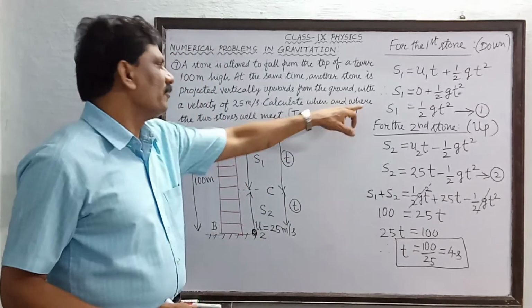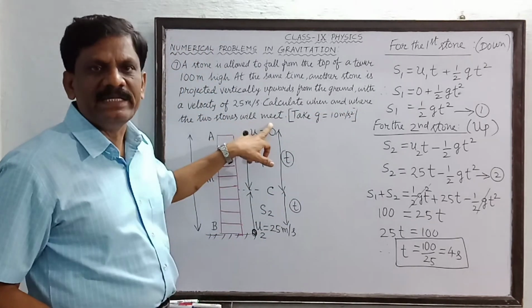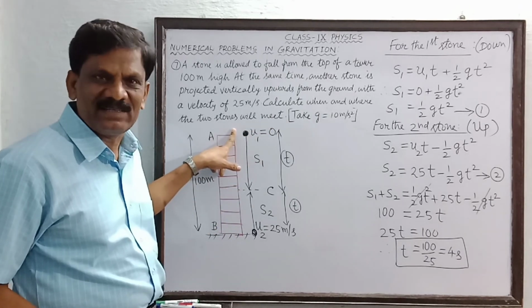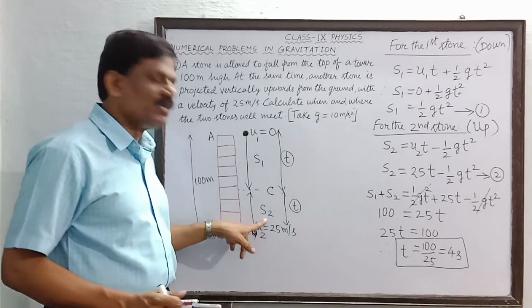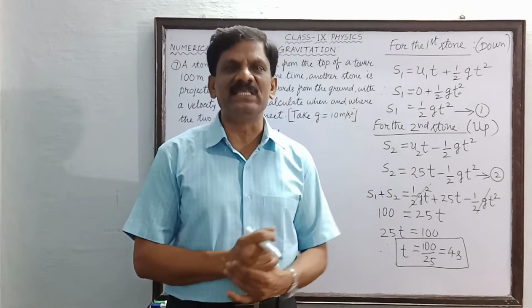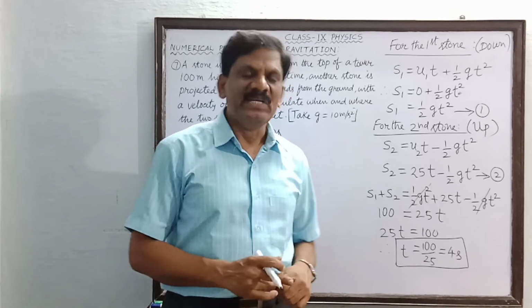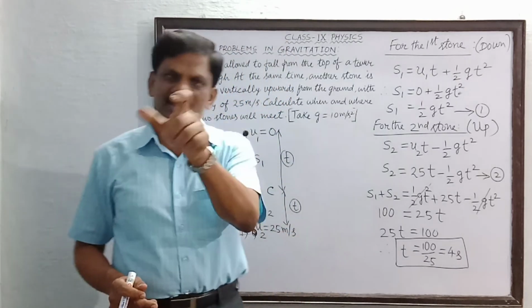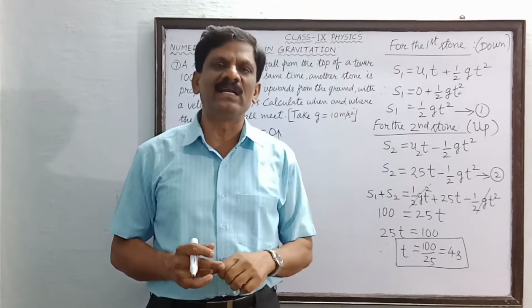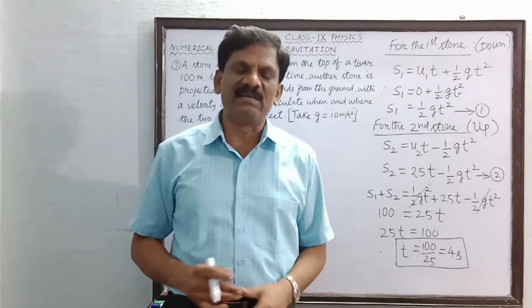Now where will the two stones meet? At a distance of S1 from the top of the tower, or at a distance S2 from the bottom of the tower. In a competitive exam, the answer options will be there. The distance will be given from the top of the tower or from the ground surface.